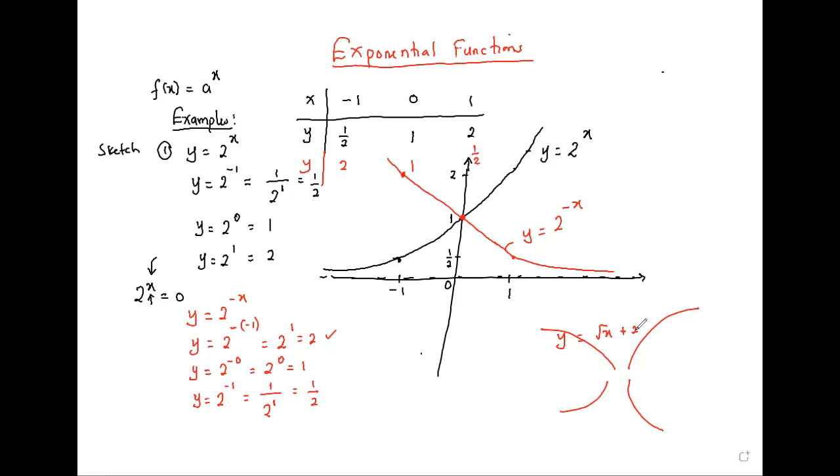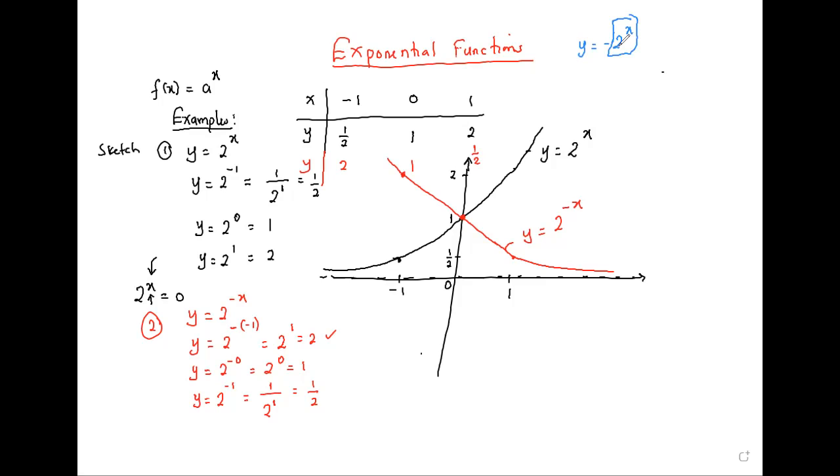So we have sketched two functions on the same plane. Okay. So now, if I want, I can check what happens if we have y is equal to negative 2 to the power x. The obvious thing is that we are just doing the negative of the function that we already used, the first piece.